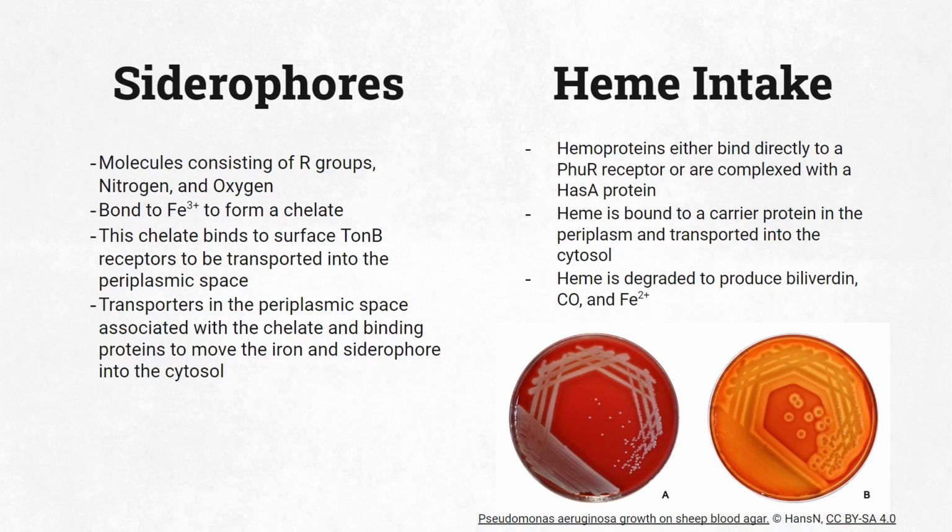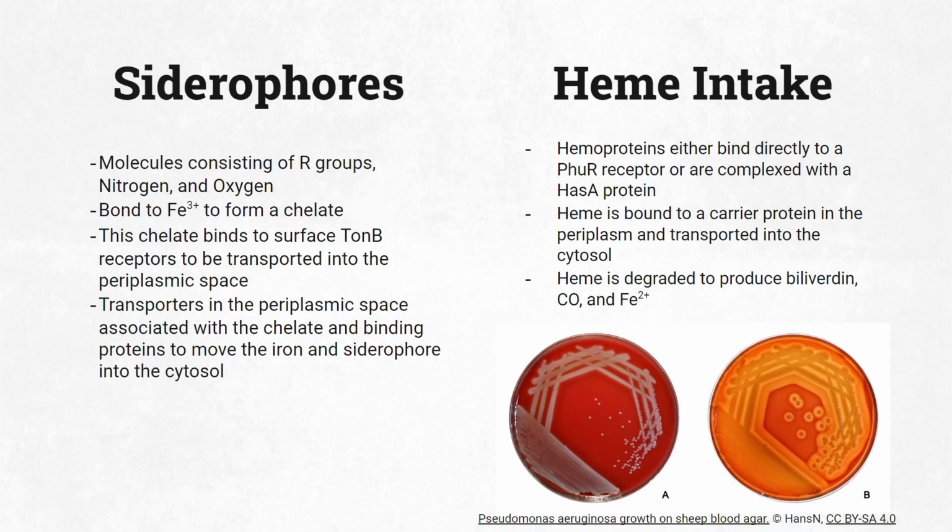So once the hemoprotein is in the periplasmic space, it is degraded into its heme constituents. Once the heme is within the periplasmic space, it of course binds to a carrier protein and is transported into the cytosol, once again through the ABC channel.